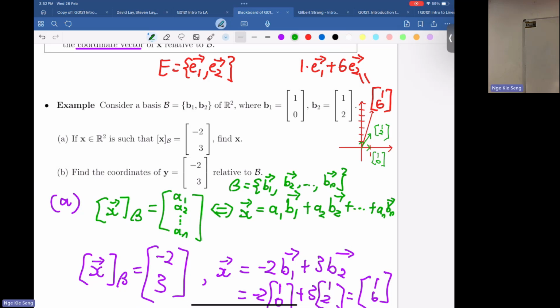Previously our basis is E1 and E2, right? E1 is going this direction, and E2 is going this direction. But now your E2 becomes 1, 2. Where's your vector? Your vector is on the left-hand side of this new basis here. So that's why you see your address here got a -2.